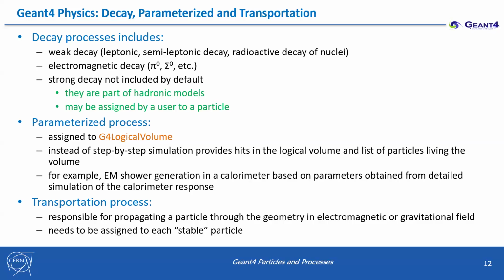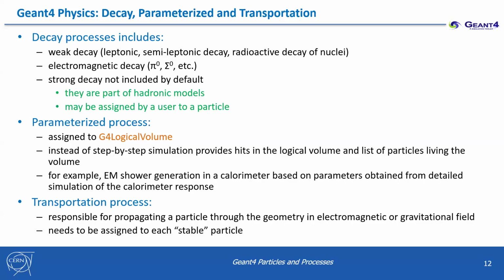It may be part of fast simulation, but at the same time, it may be part of slow simulation. Inside this logical volume, you may implement all types of physics interaction, but you return to G4 hits and the list of particles which are leaving from this volume. But you are free to do whatever you want inside.